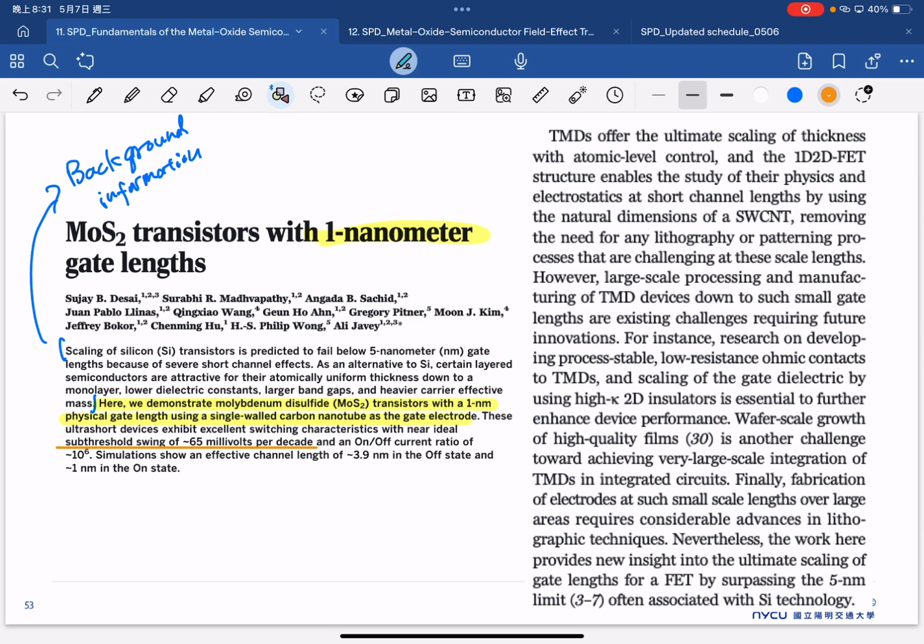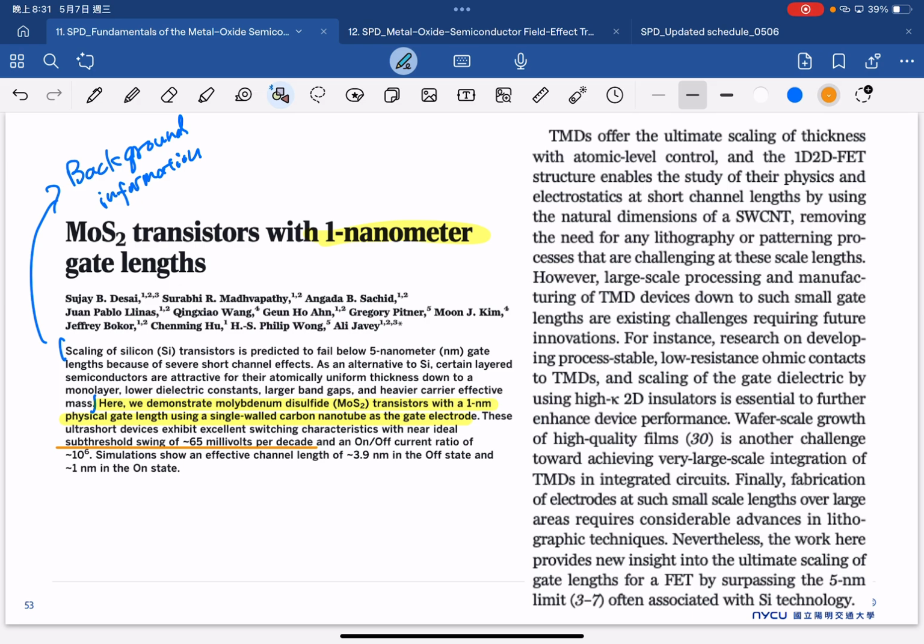That's the limitation for the semiconductor transistor. If we follow this kind of switching operation, then 60 millivolts per decade is the limitation. So why is this work worth reading? Because it demonstrates that a transistor with a 1 nanometer channel length can still have 65 millivolts per decade.